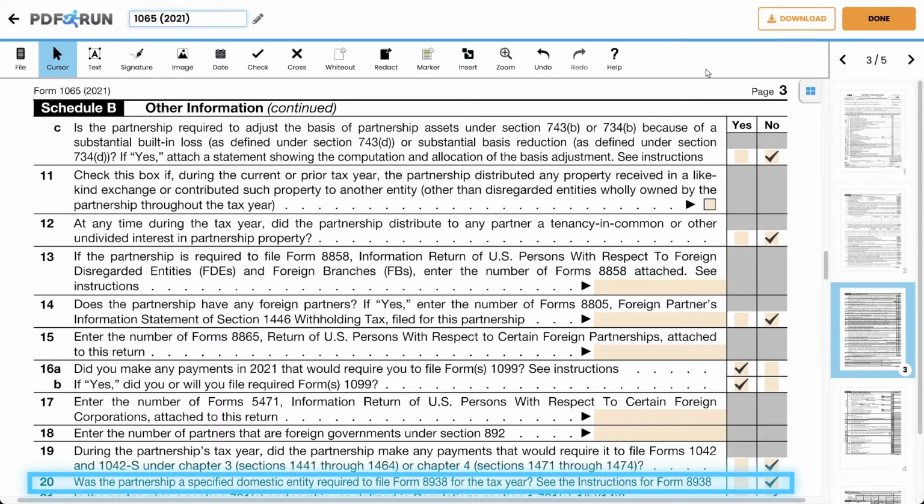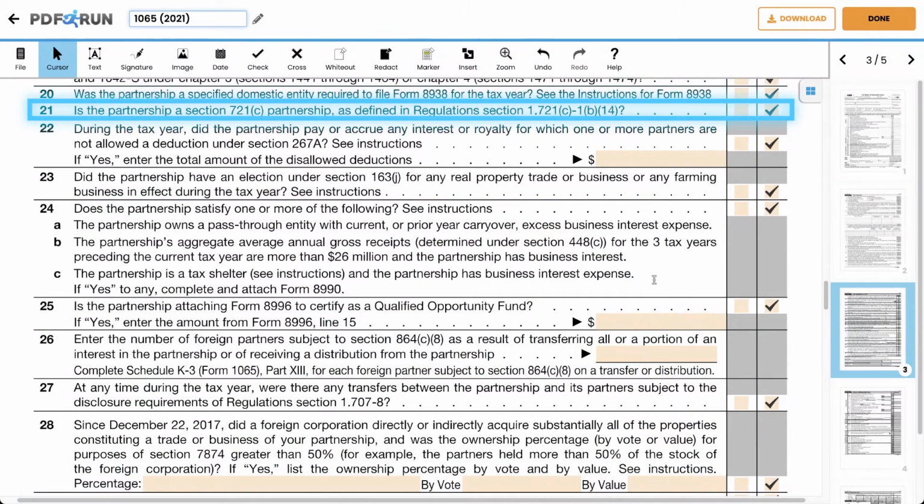Otherwise, check no. Line 21. If the partnership is a Section 721(c) partnership as defined in Regulation Section 1.721(c)-1(b)(14), check yes. Otherwise, check no.